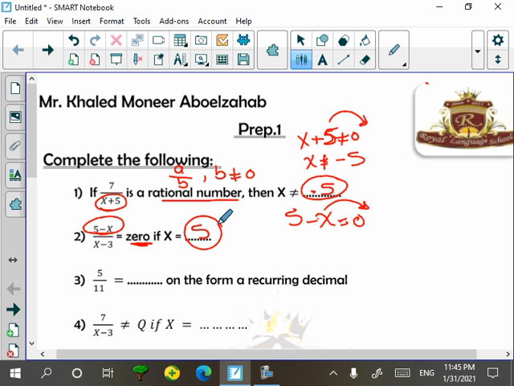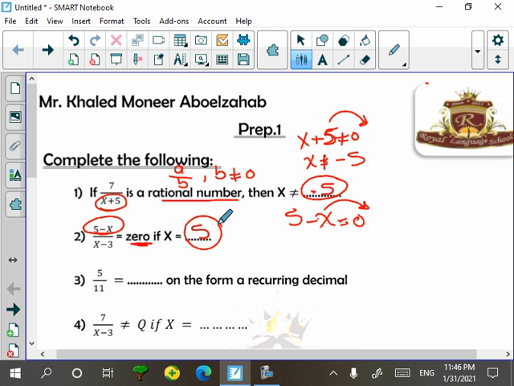Number 3: 5 over 11 in the form of a recurring decimal. What is the meaning of recurring decimal? Let's go to the calculator and write 5 over 11.